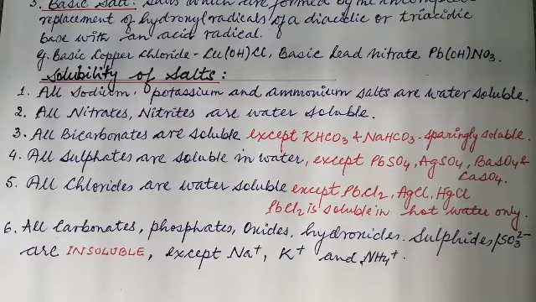That means sodium nitrate, sodium sulfate, sodium carbonate, potassium carbonate, ammonium carbonate, ammonium sulfate. So they are all soluble in water. So remember, the moral of the story is all sodium, potassium, and ammonium salts are water soluble.